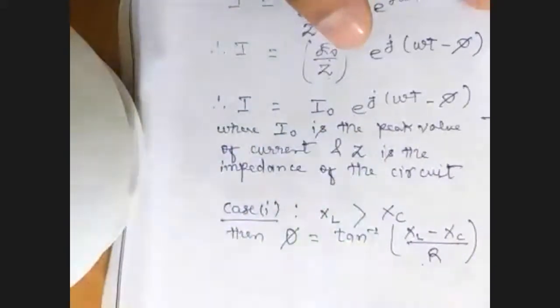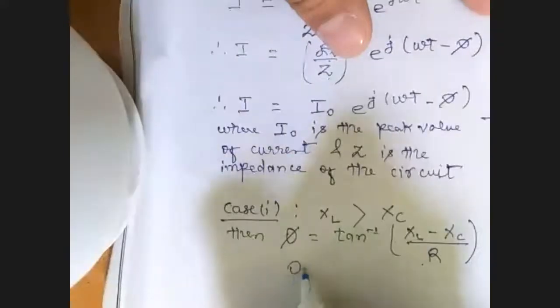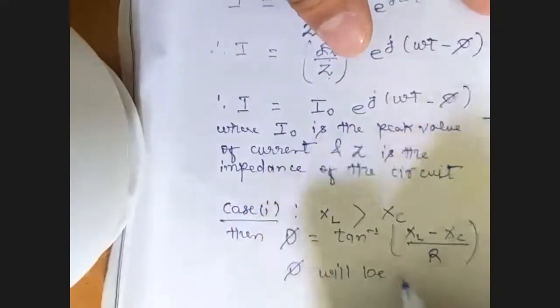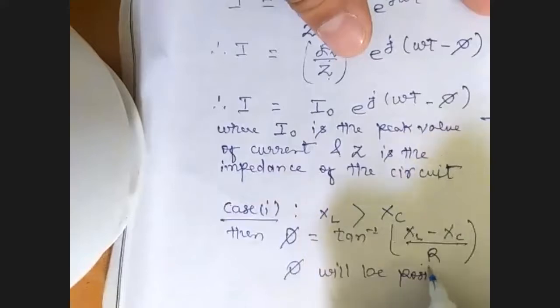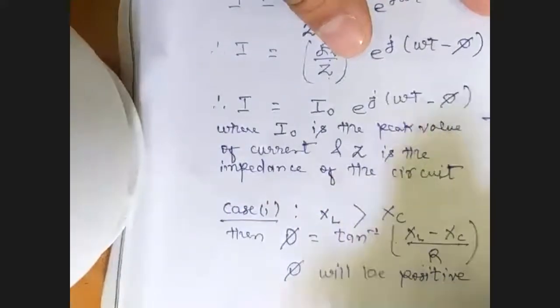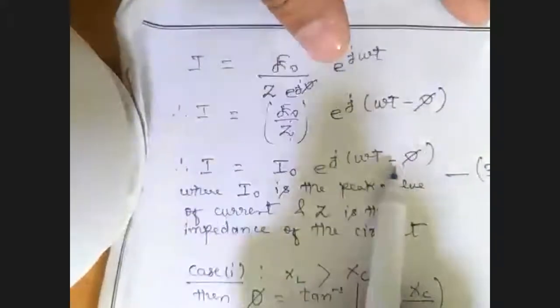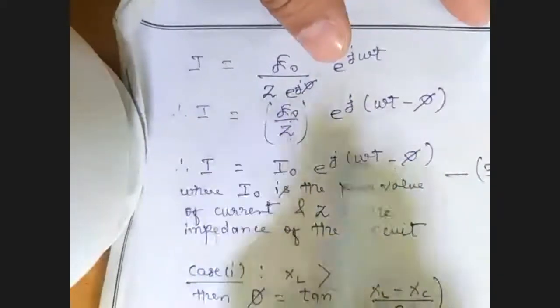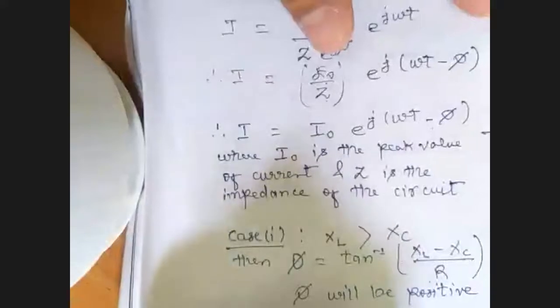Then phi will have a positive value. What does it mean? Phi will be positive, so current will lag behind the voltage. What does it mean?